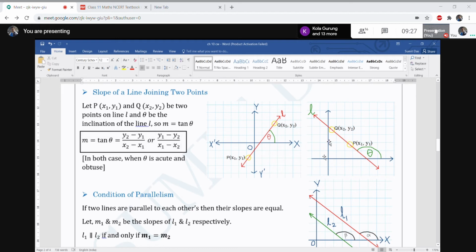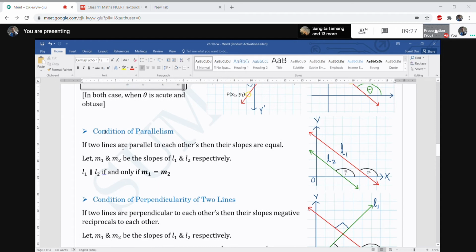Only if a line is lying on the x-axis will the slope be 0, and if the line is lying on the y-axis, the slope will be undefined. Otherwise a line can make an acute or obtuse angle with the x-axis. So in both cases, when theta is acute and obtuse, the formula is this. So this is our first formula.